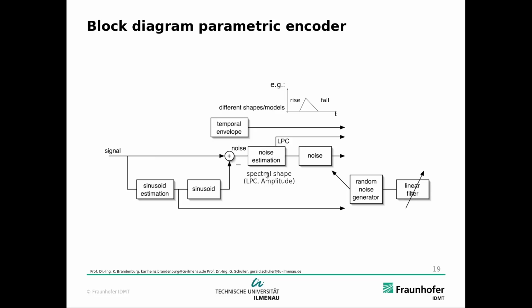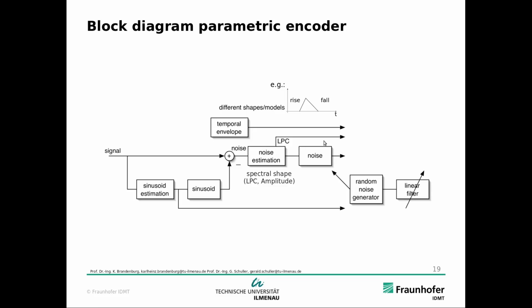This gives its particular characteristic. We need to have the spectral shape and also the amplitude. And for the shape we use linear predictive coefficients. So basically we fit the frequency response of an FIR filter to the frequency shape of the noise. Then we transmit those LPC coefficients together with the amplitude to the decoder as additional parameters.